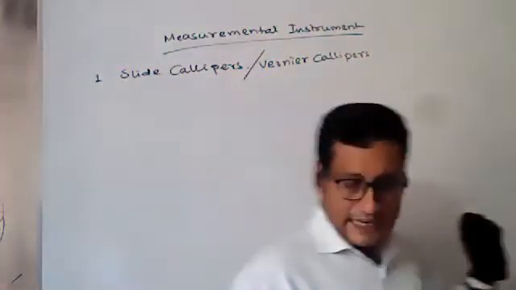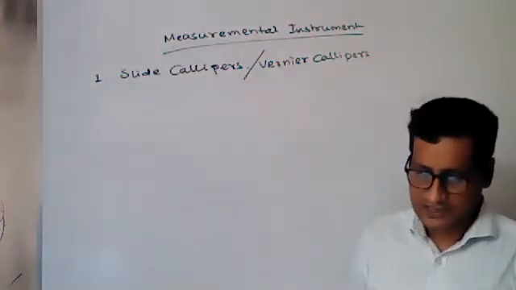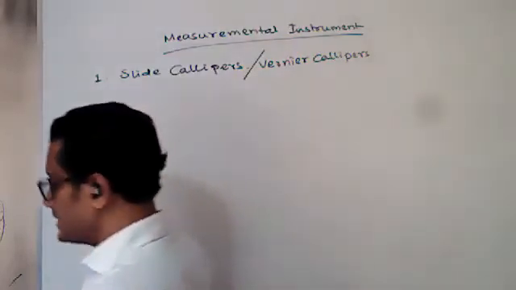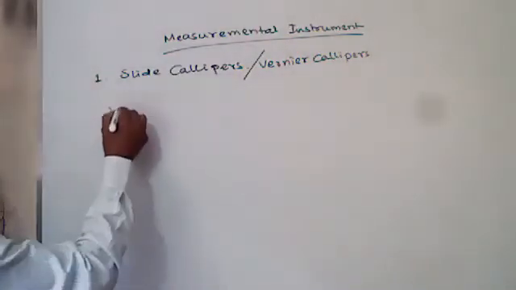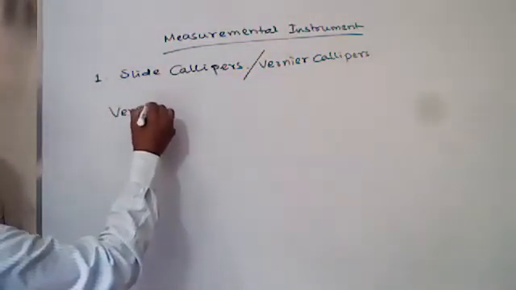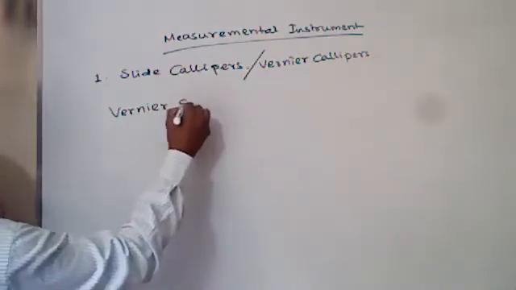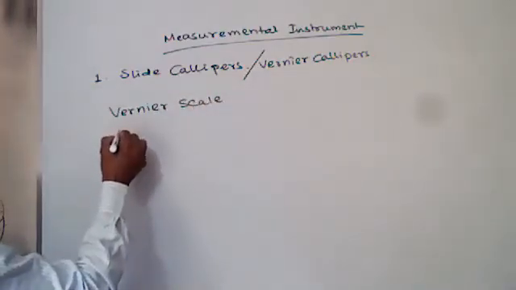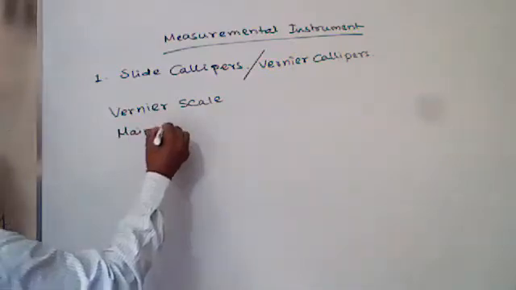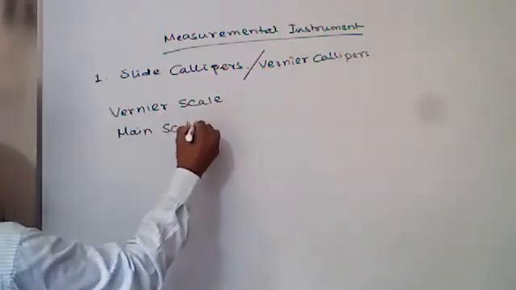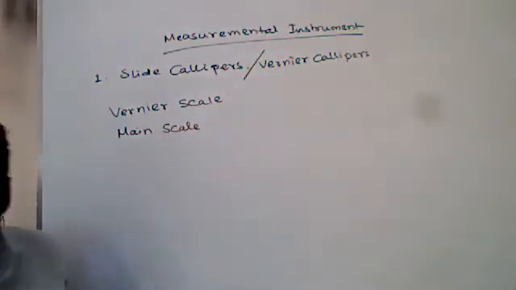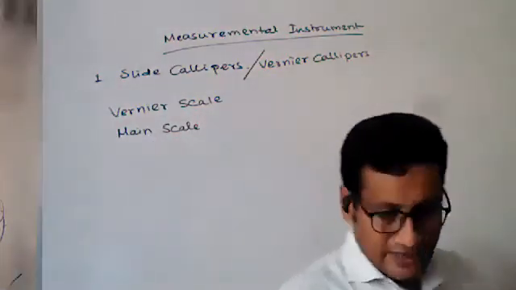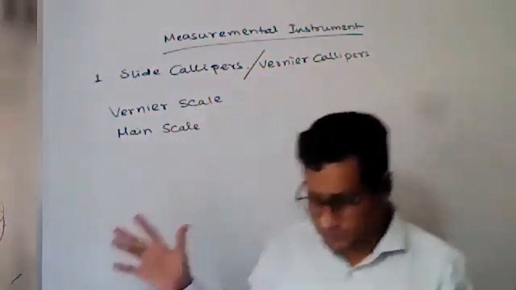So, in a slide calipers, we know there are two scales. One is the Vernier scale and another is the main scale. The main scale is fixed, it does not move.